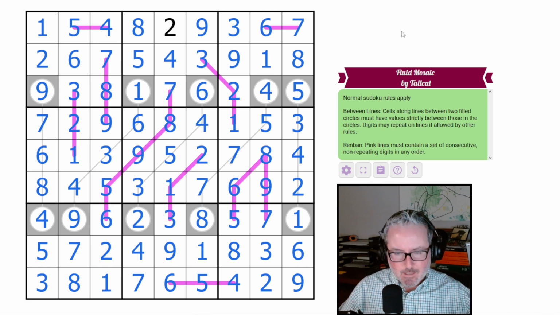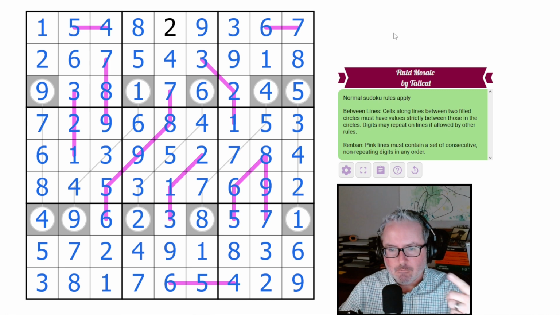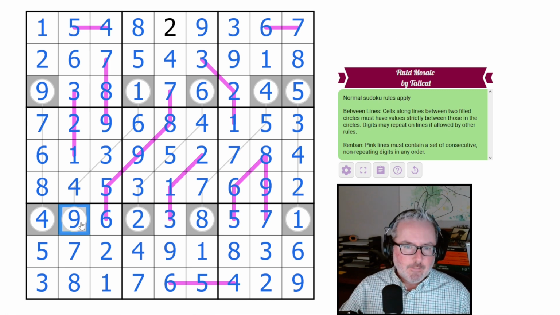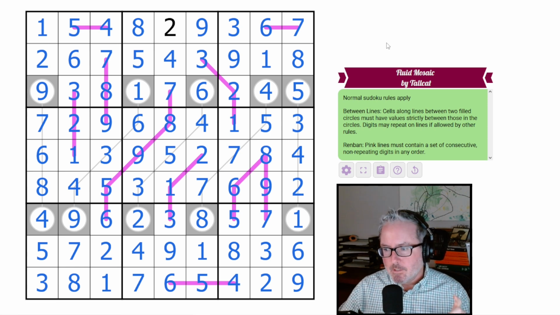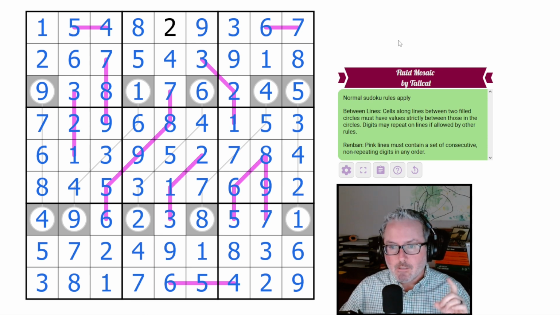But once we did that, the ball started to very slowly start rolling and rolling, and we finally picked up a little bit of steam and got going. So love this puzzle, really fun puzzle. Turned out to be a little trickier than I thought it was going to be at the start, but that happens sometimes, particularly on days where the brain ain't working at 100%. But anyway, I hope you all really enjoyed this one, because I certainly did.